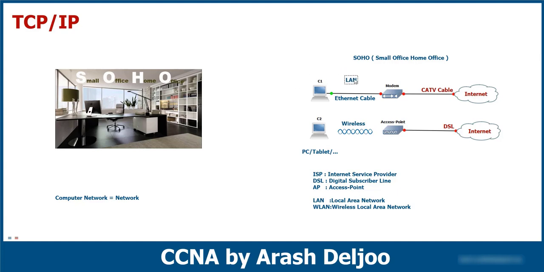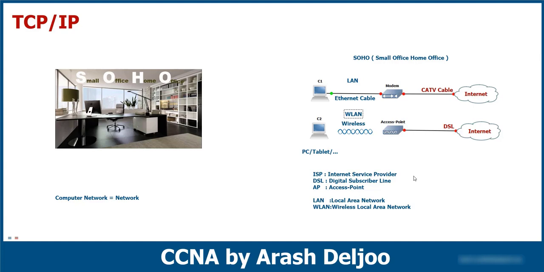This is a LAN, local area network. Also, maybe this is also a LAN, but in most cases we don't call it wireless LAN, we call it WLAN. WLAN means wireless LAN or wireless local area network. Because of that, when we say LAN or WLAN, we are talking about a small or limited geographic area, okay?